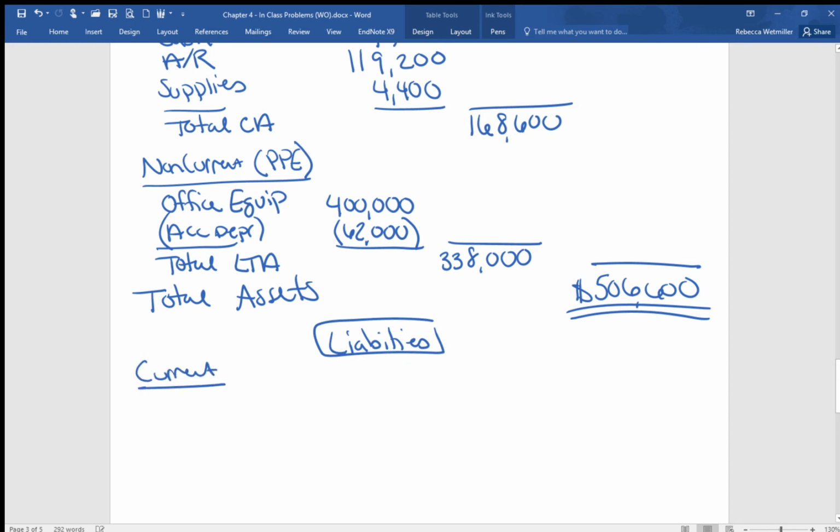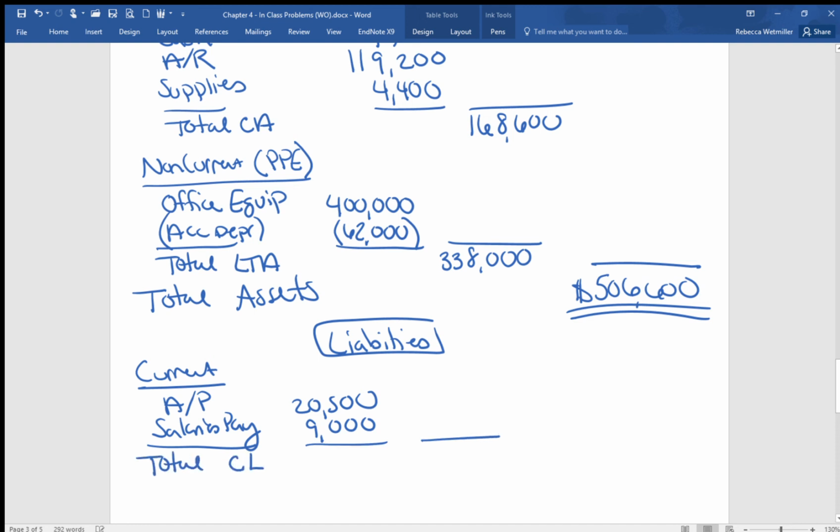In this case, we have accounts payable with a balance of $20,500, and we have salaries payable with a balance of $9,000. So we have total current liabilities of $29,500.